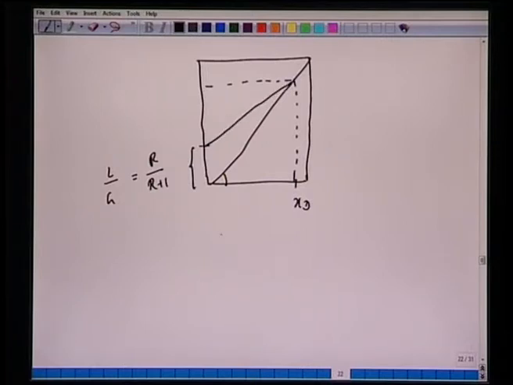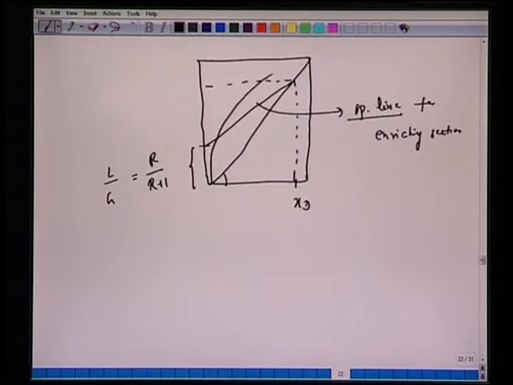This will become the operating line equation, the operating line for the rectifying section. And we have this y-x equilibrium curve.